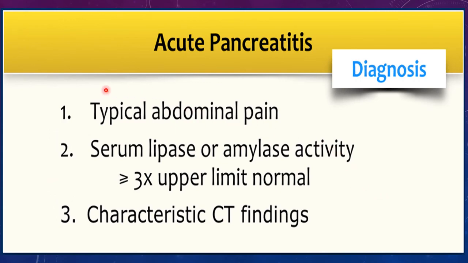Okay, these are the triad of acute pancreatitis: typical abdominal pain, serum lipase and serum amylase increased more than 3 times their normal limit, and characteristic CT findings, which I will show you in a short while.